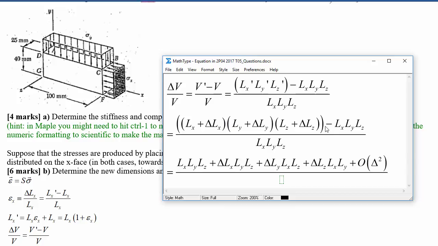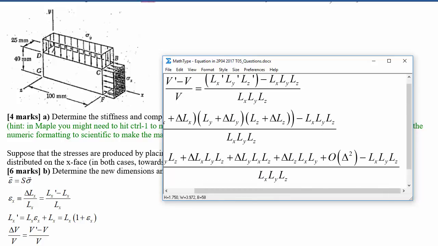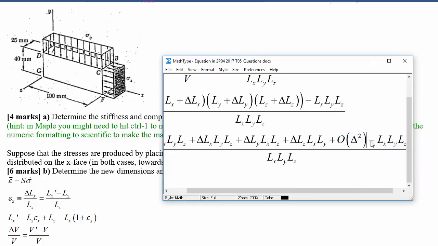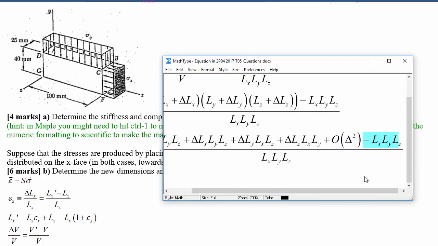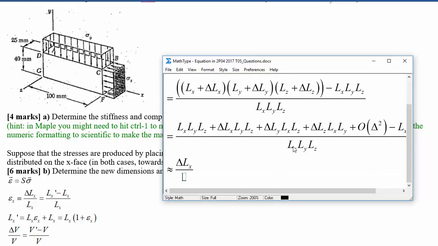And then we still have this minus Lx, Ly, Lz there at the end, divided by Lx, Ly, Lz in the denominator there. So the original volume and the new volume, the original volume cancels out with this other original volume term, so that's gone, and we're left with, if we drop the big O of the delta squared terms there, then we've got delta Lx divided by, what will we be left with?